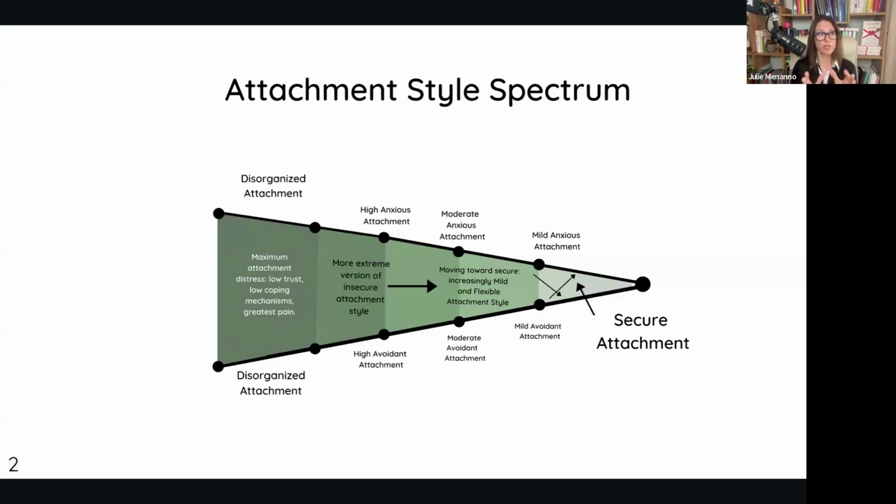Usually there's a lot of mistrust for others in many different contexts, even if there's not a ton of evidence to not trust a person. Even before they know a person, they go into things with mistrust because they have been so harmed by relationships. Their ability to cope and regulate is usually lower.